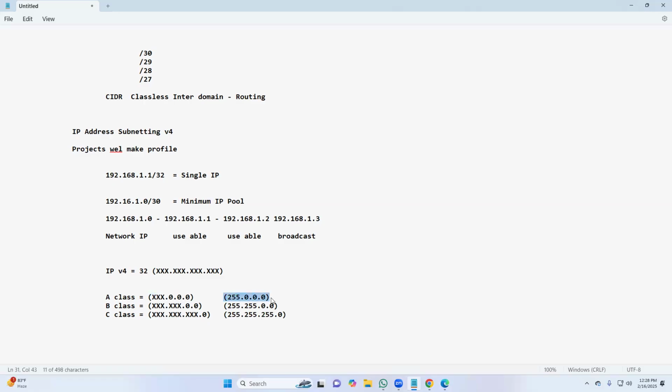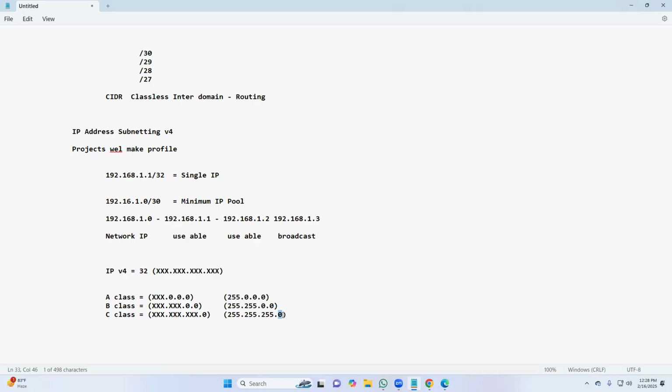You can see the triple X is 255.255.255, which means this is the full portion, this is also a full portion. You can only assign a number here, up to 255.